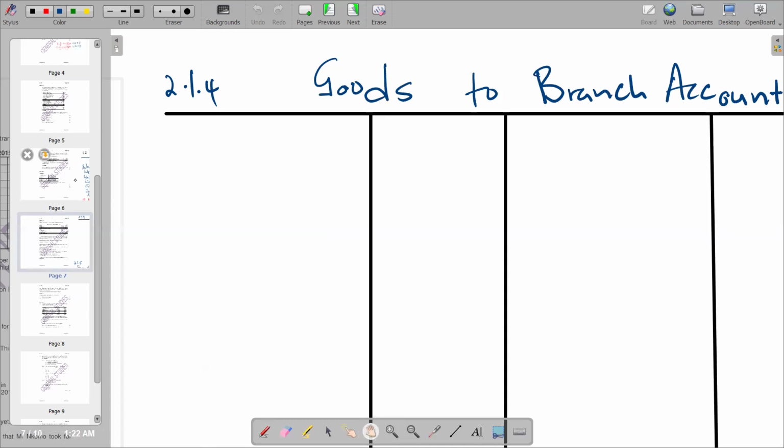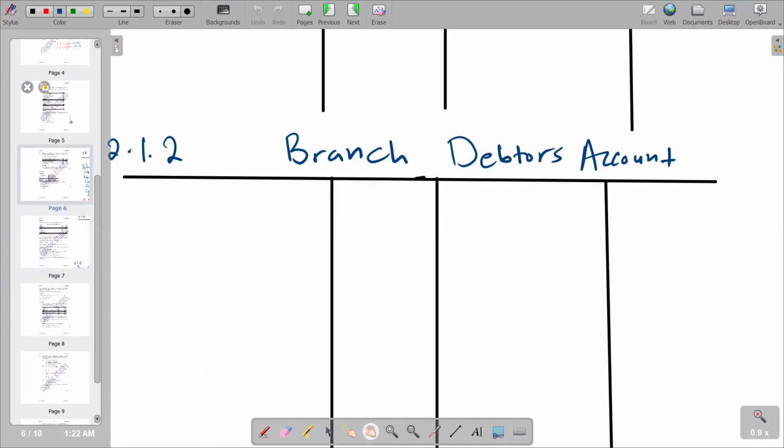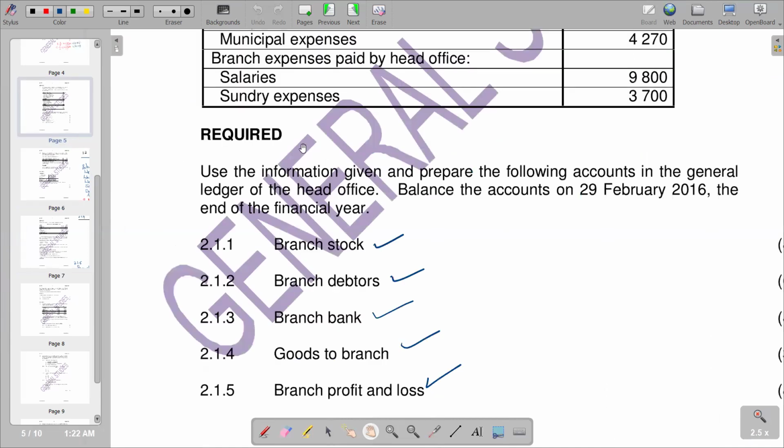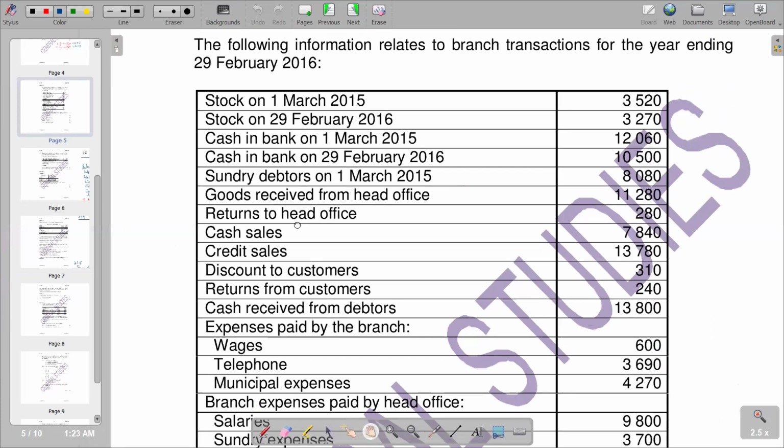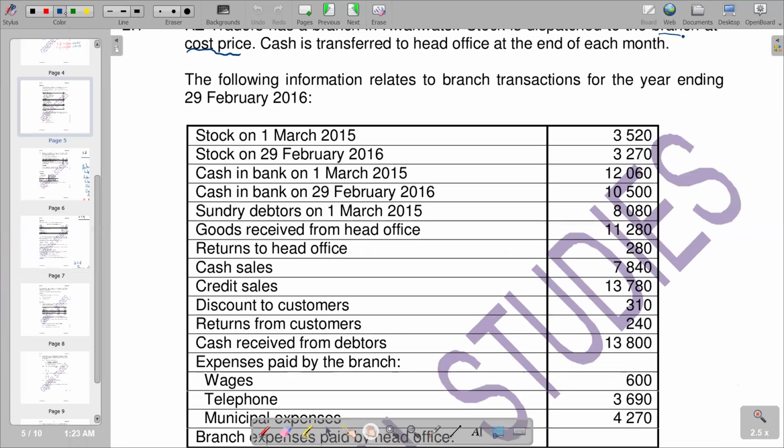Initially, we are going to start with our opening balances, which we can only get from the list of balances. You see that our year is ending 29 February 2016, so it is very important that you know where the year is ending. Given is stock on 1 March 2015.